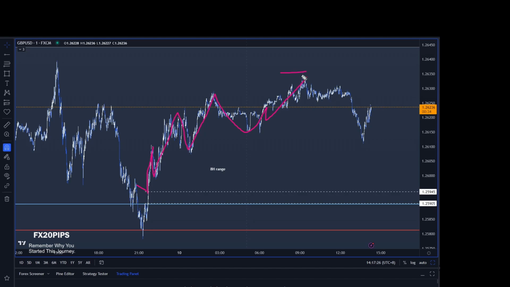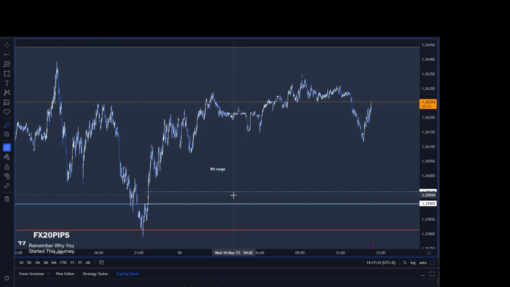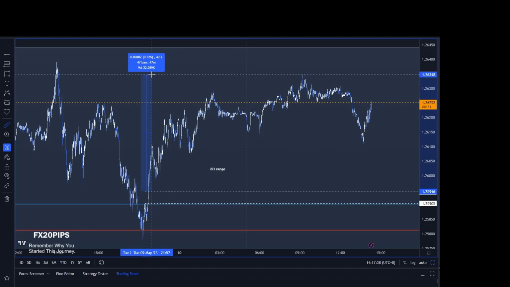So how many pips is the high of here? Let's find out. See, the entry is here, the high of there. That's about 40 pips.